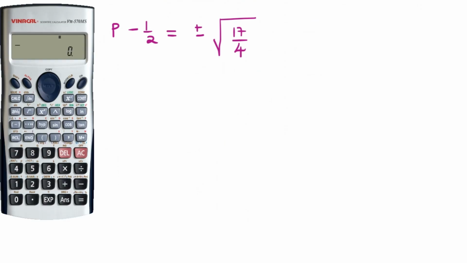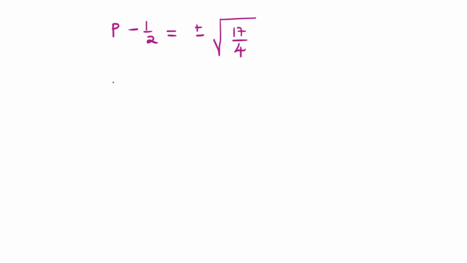Alright, so we are saying we find the square root of 17 over 4, which will be positive or negative. On this side we can write p minus half is equal to positive or negative, whatever we are going to get.